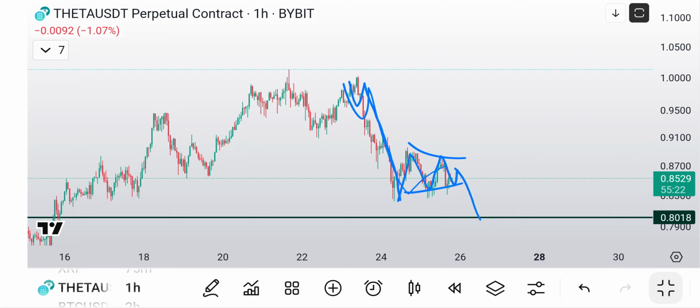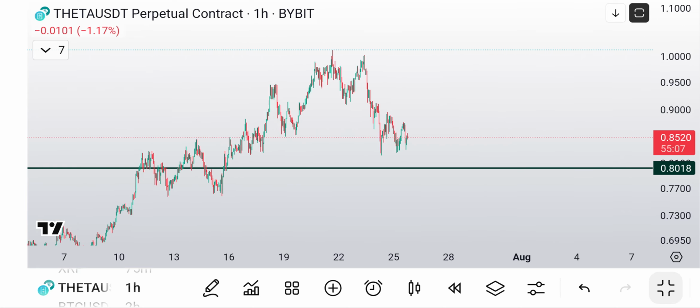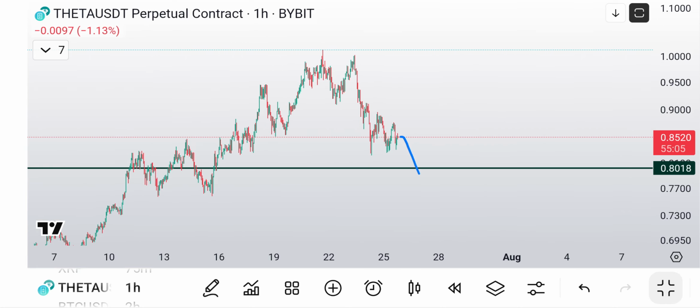So 1, 2, 3, 4, 5. So 3 down, that could be 3 up, and then 5 down. So this could be some kind of ABC here, and then continue. So basically, we want to see it finish. We want to see it retrace, and then we'll look at it again.